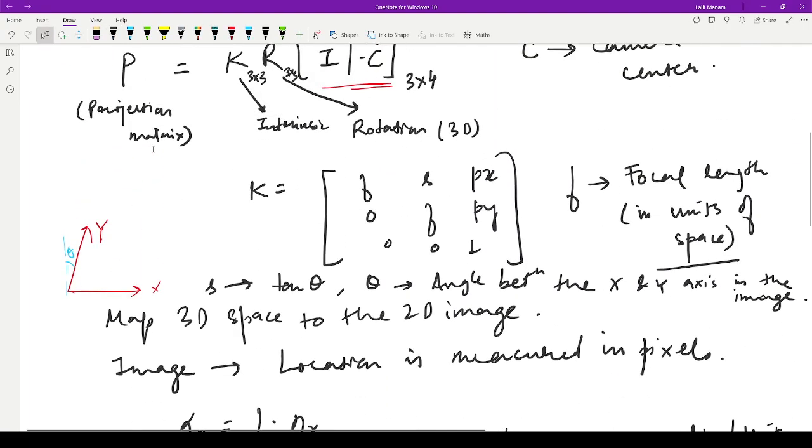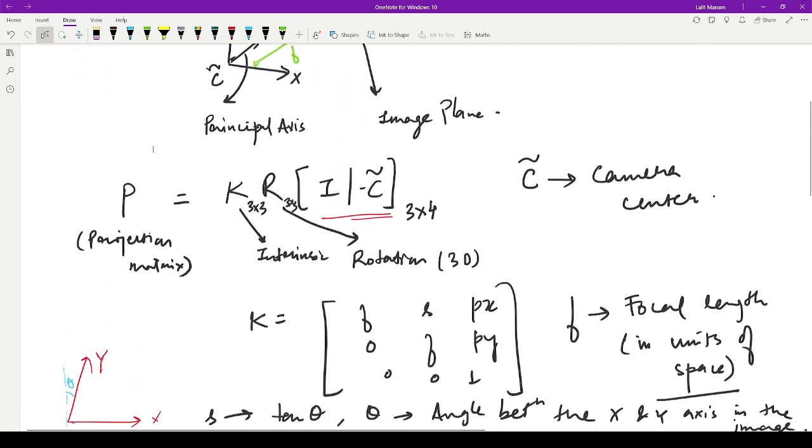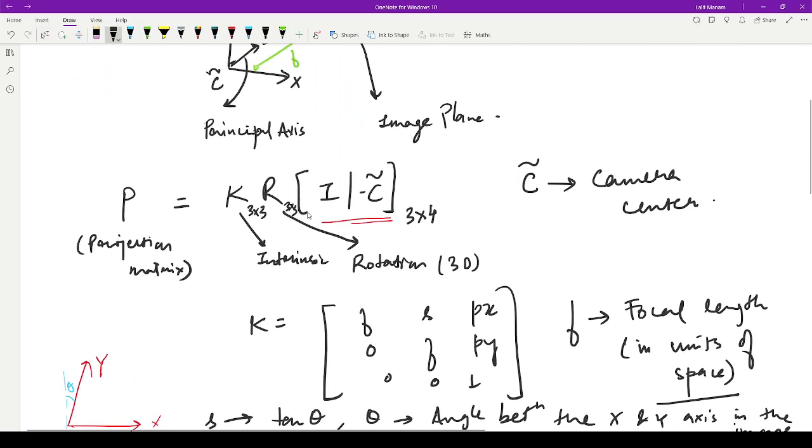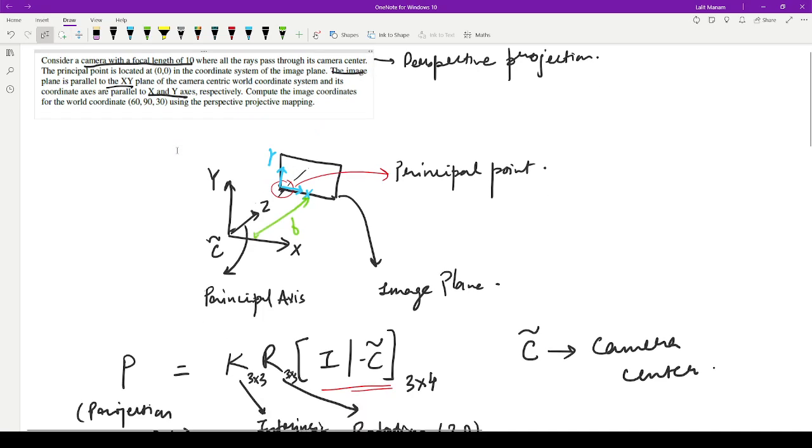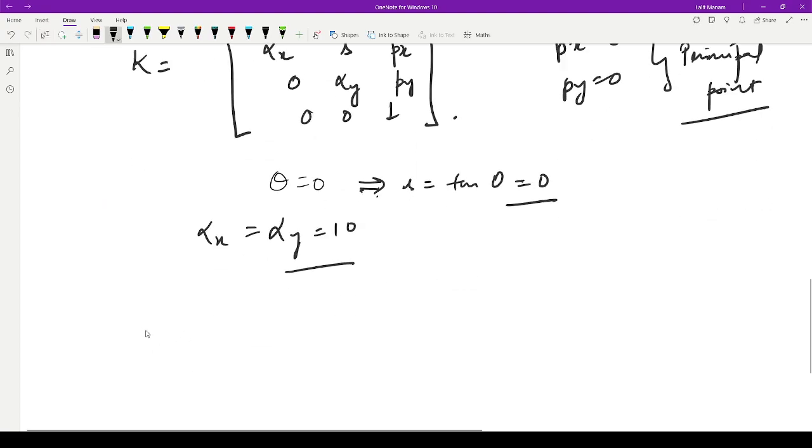Next, we look for the other matrices. Rotation R: how much is the rotation given? There is no rotation here, so the camera is aligned to the world coordinate system. So for this case, R is I.